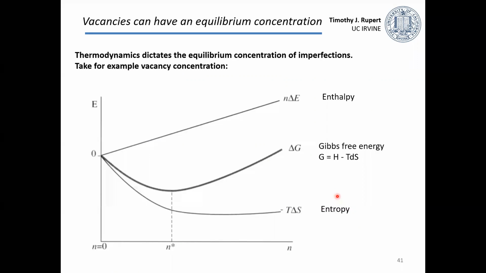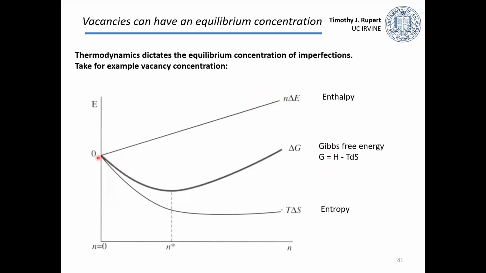Vacancies are a bit weird because they have an equilibrium concentration as long as we have a non-zero temperature, okay? And you can think about this with just thinking about what's the free energy of that defect. So when I mentioned we have some deviation from the perfect crystal structure, that energy penalty is called the enthalpy, okay?